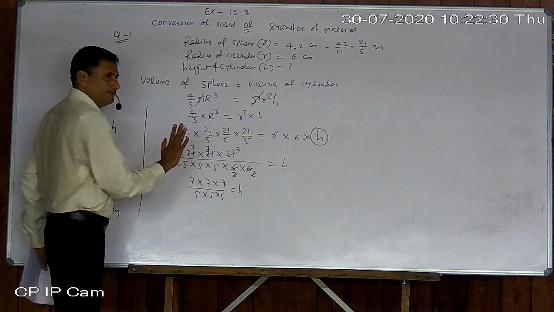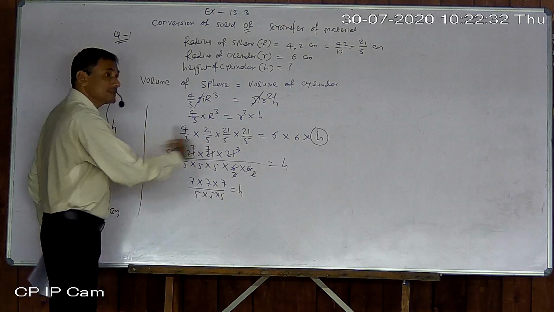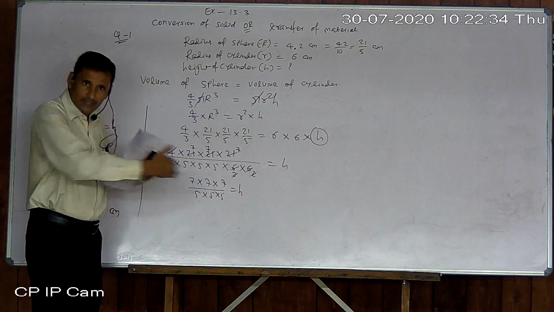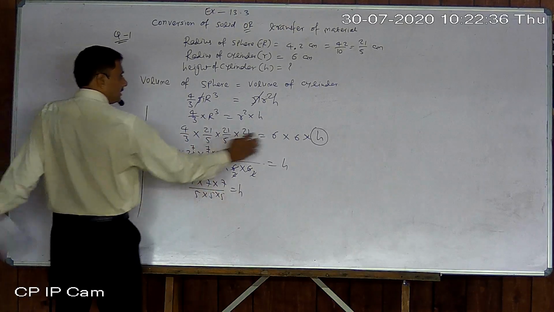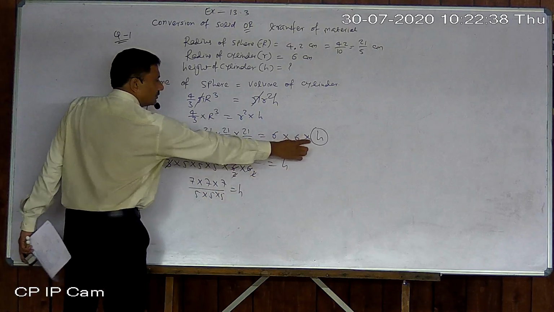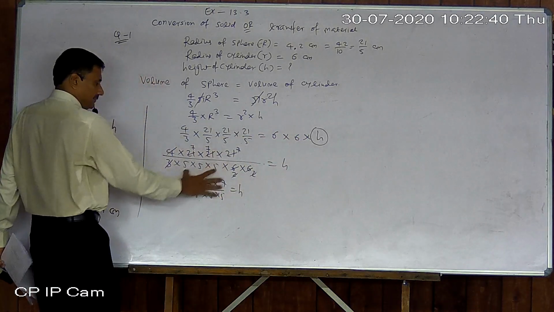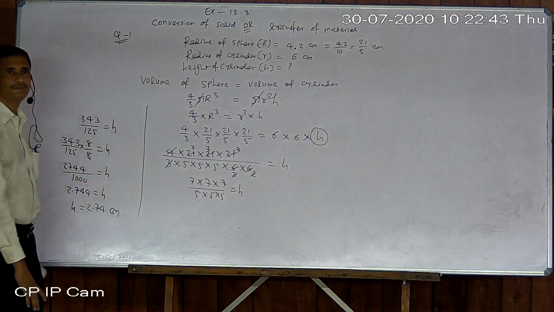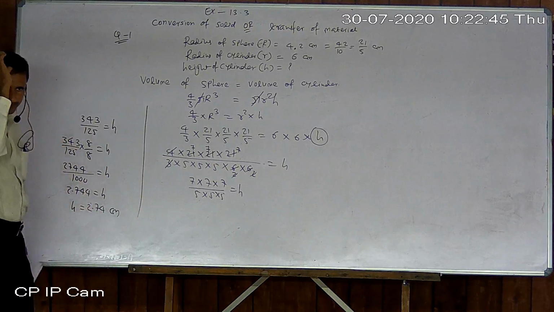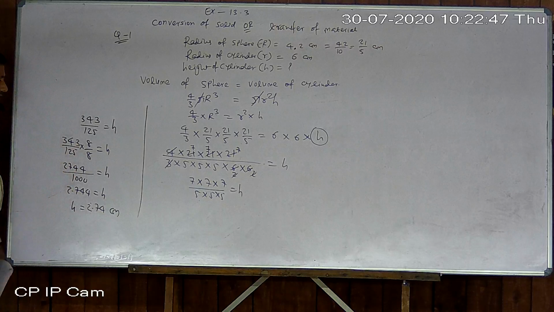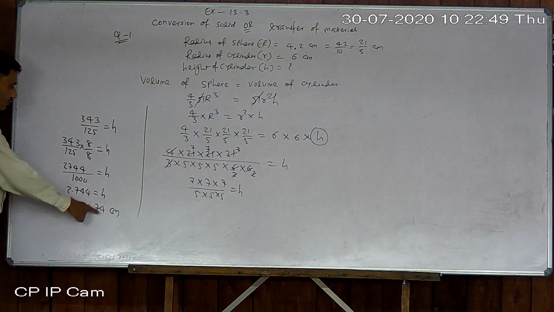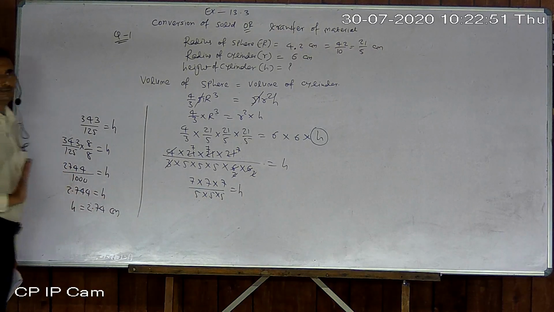Don't multiply them. Just keep them scattered only. Scattered means here in factorized form only. Okay. Now make the variable the subject, simplify and get the answer. Okay. That is the way. So we got the height of that cylinder in centimeters.